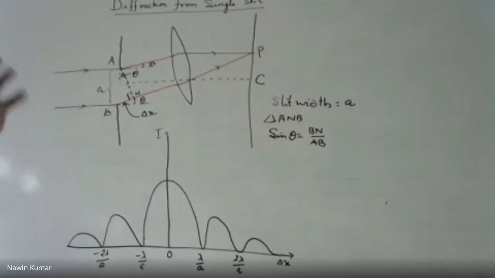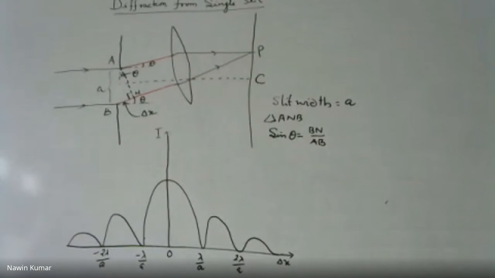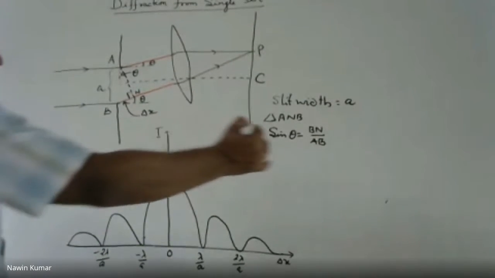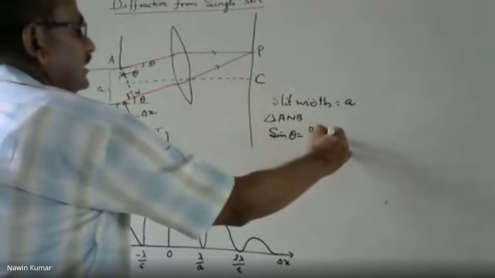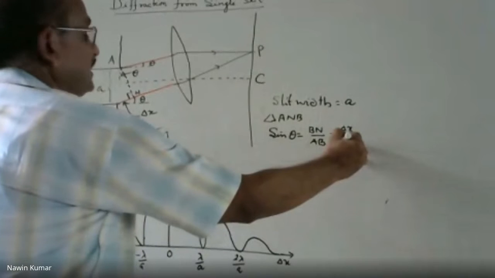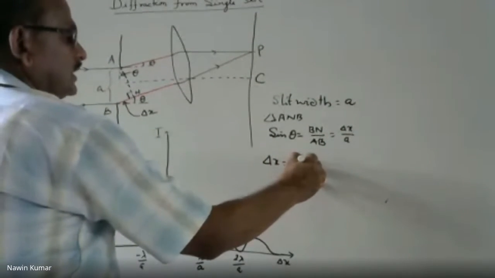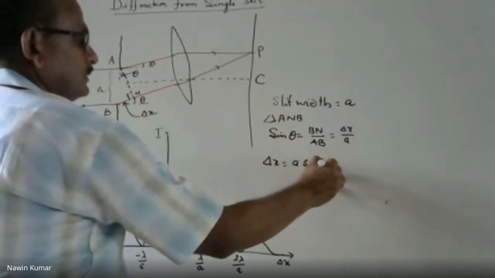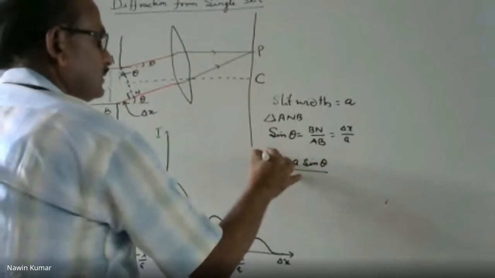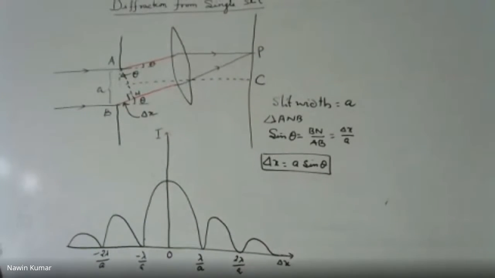If the angle theta is very small, then the path difference BN is del x and AB is A, so del x equals A sine theta.